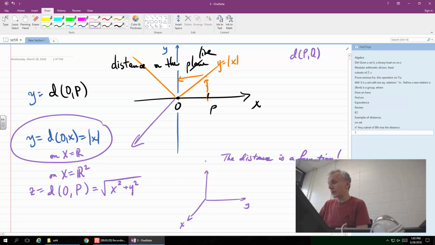So you have x, y, z. That is my function, and as I pointed out, the graph of that function is a cone like this, a cone with 90 degrees at the base. Meaning once again, you pick a point P on the plane.